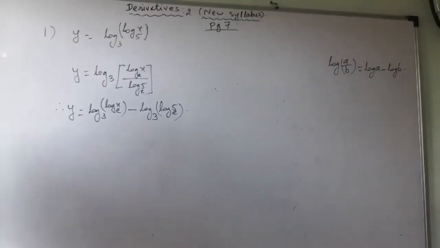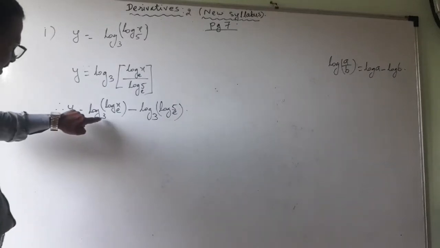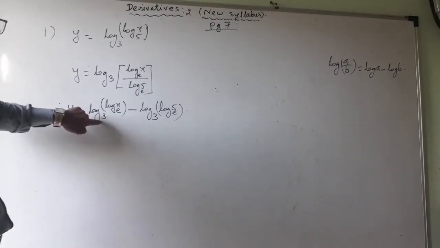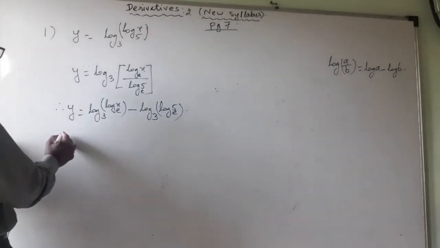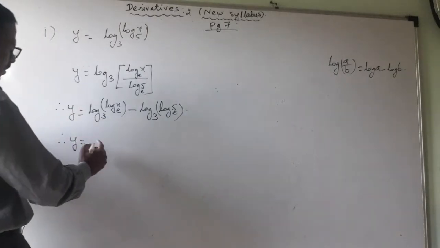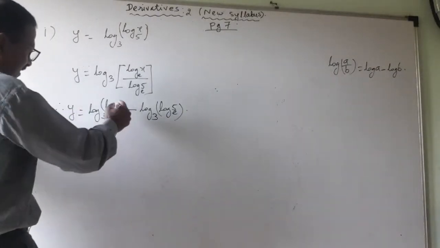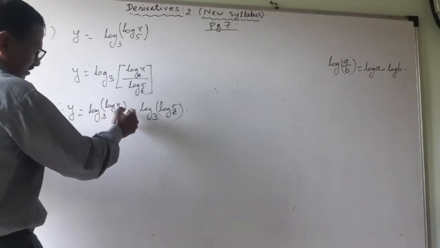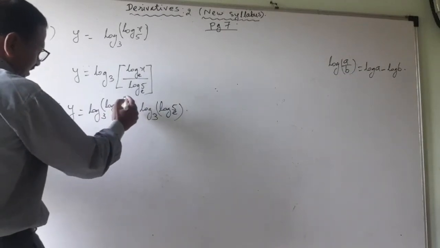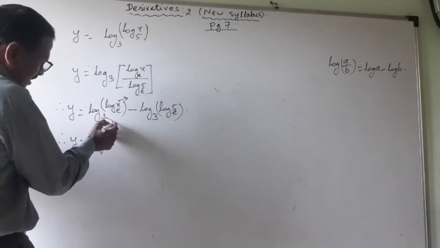Now here onwards I want to take the derivative. If I want to take the derivative once again, this base won't do. I want to change that. Therefore y is equal to log of, this much part is a and this much part is b.